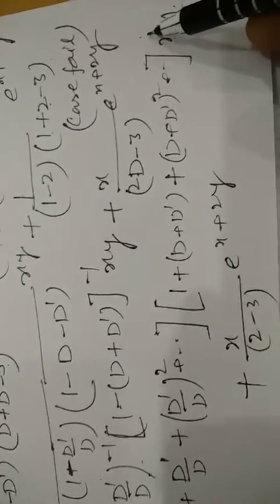So just see here, after multiplication of these two brackets, since xy is of power 1 and 1, it is only differentiated one time.